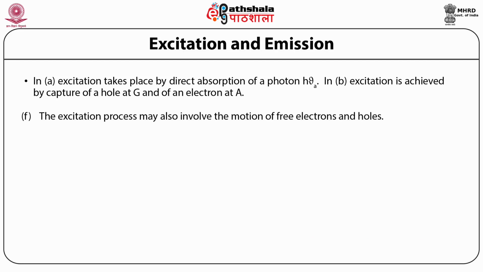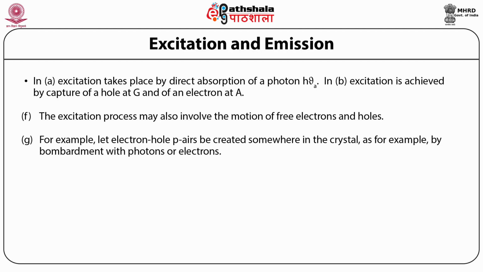C. The excitation process may also involve the motion of free electrons and holes. For example, let electron-hole pairs be created somewhere in the crystal, as for example by bombardment with photons or electrons.